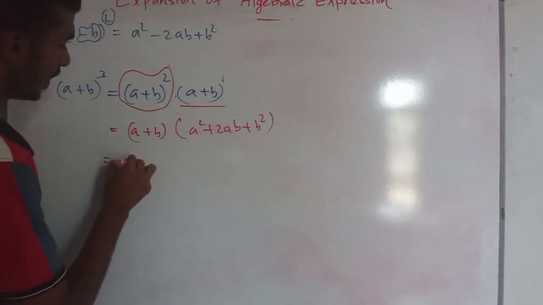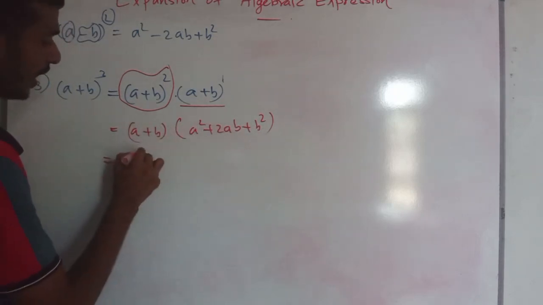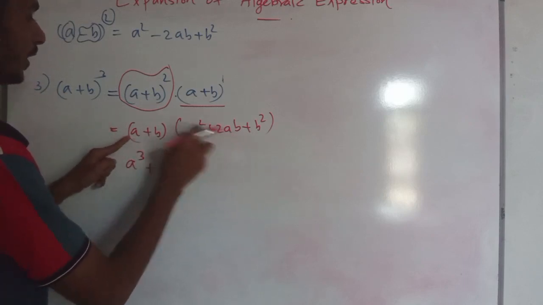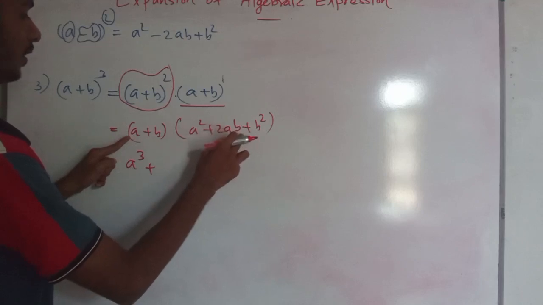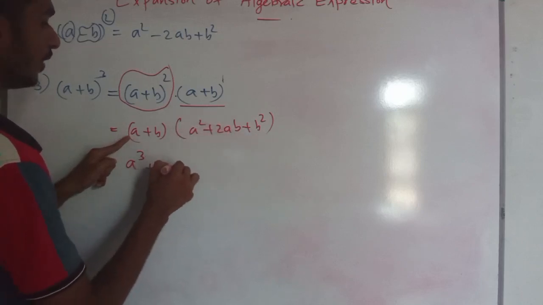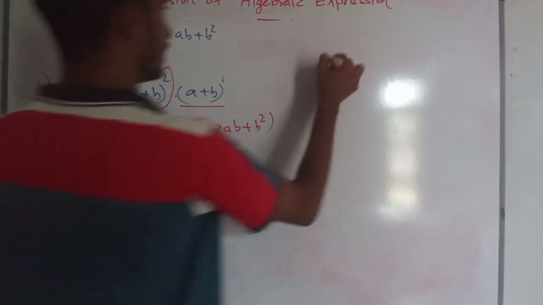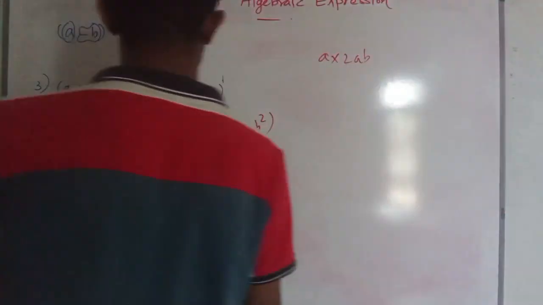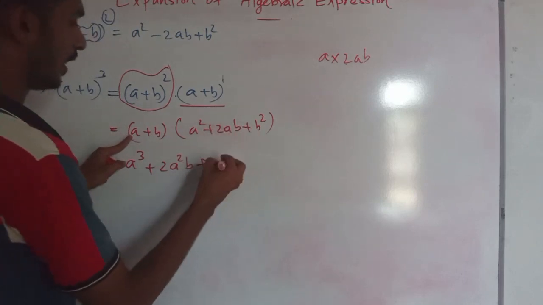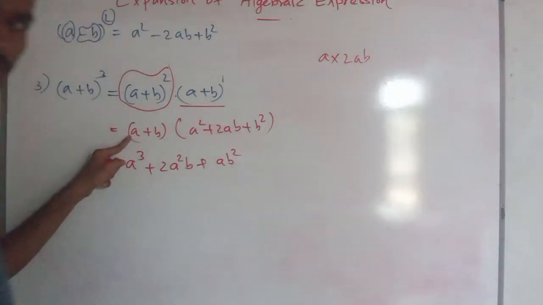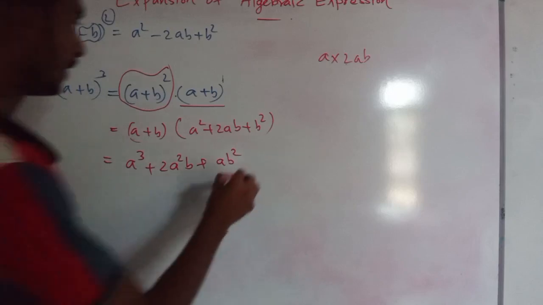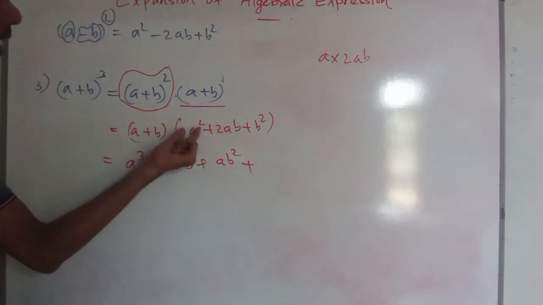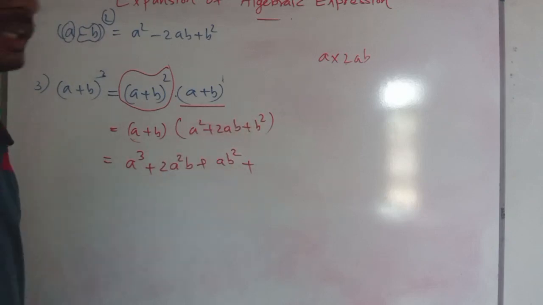So it will give you A times A², so A³ plus A into 2AB, so 2A²B, plus then again AB². AB² plus, again this B, the second term of the first expression, should be multiplied by all the terms in the second expression.